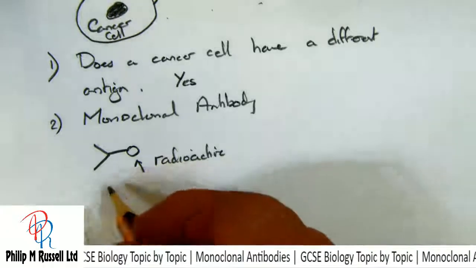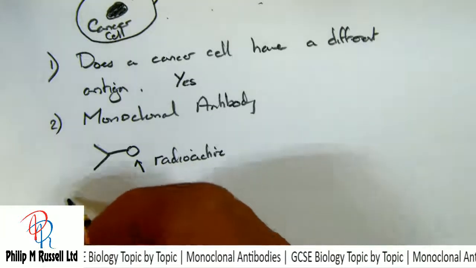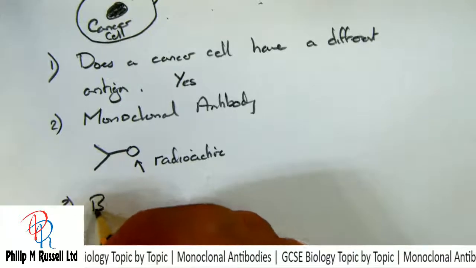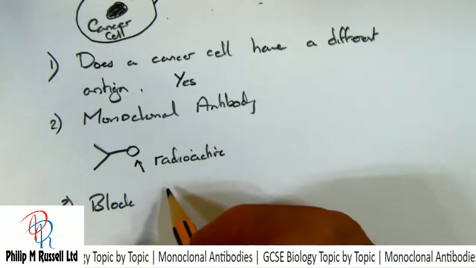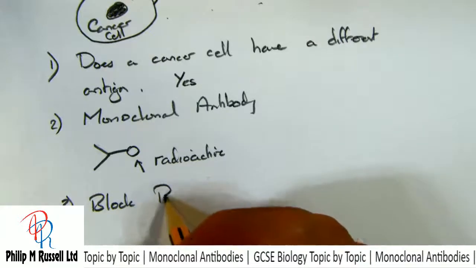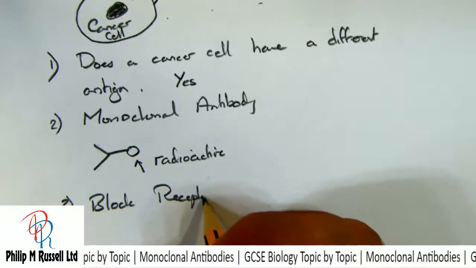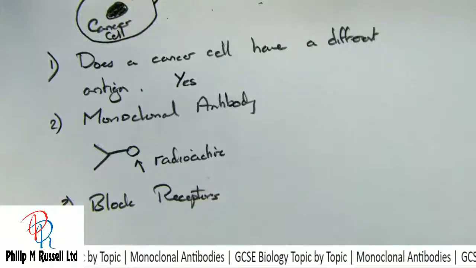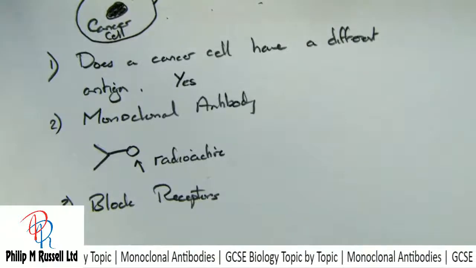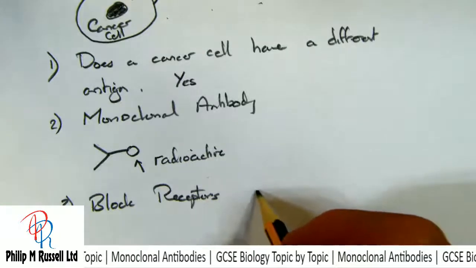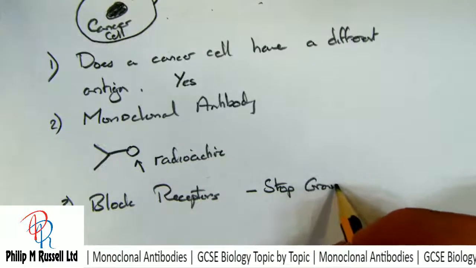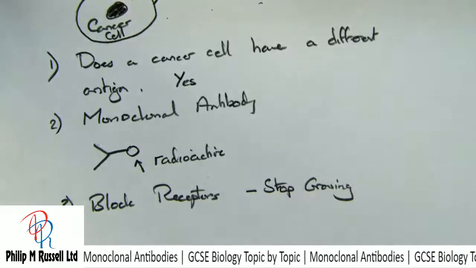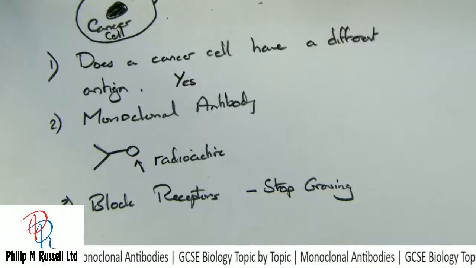So these monoclonal antibodies will now block these receptors on the surface of the cell, and that might actually also just stop it growing. And that would work really just as well.